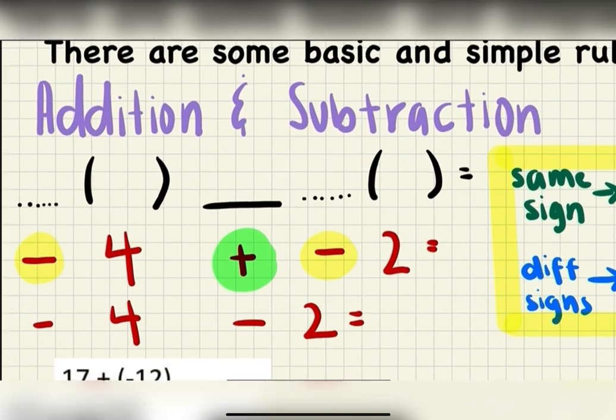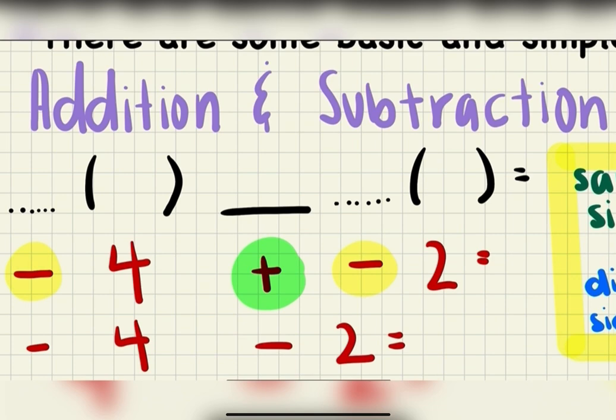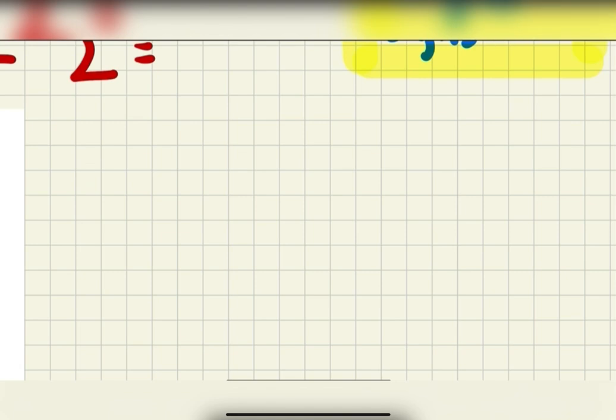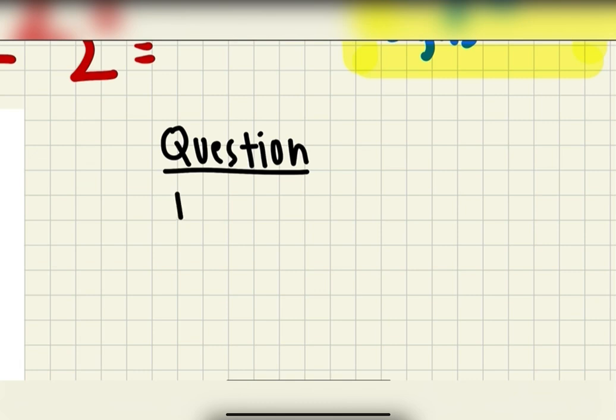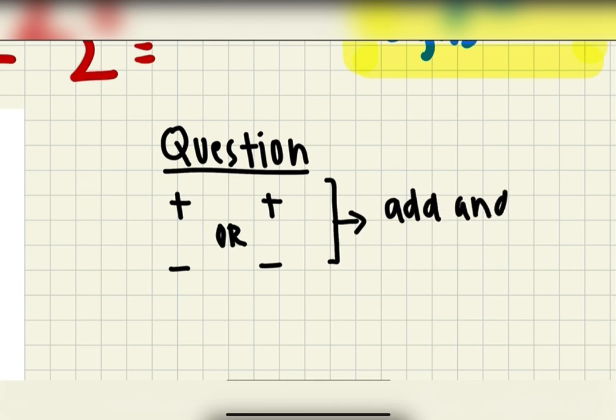Now, the next step in these sort of equations is just figuring out how these two should be combined. Basically the last two operations you have. And for that, you have basically the same set of rules, just with a little bit more detail. Basically, if your question has a positive number and another positive number, or a negative number and another negative number, the rule for both of these is to add and keep the sign.